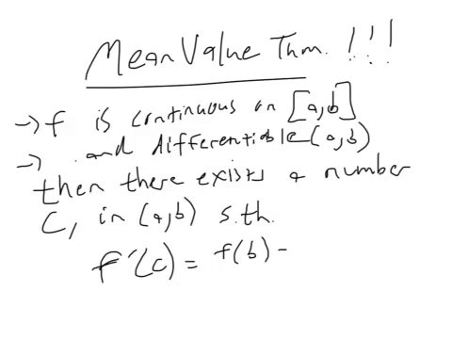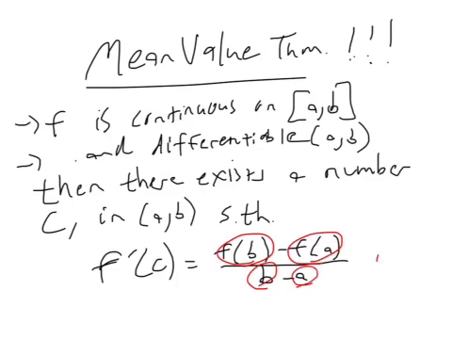See if this looks familiar to you. That's the slope formula. The change in y, that's basically y at b minus y at a divided by, this really is a change in y over change in x.